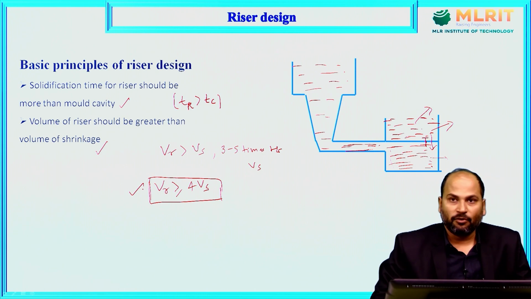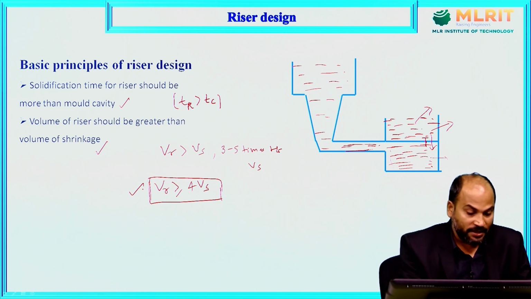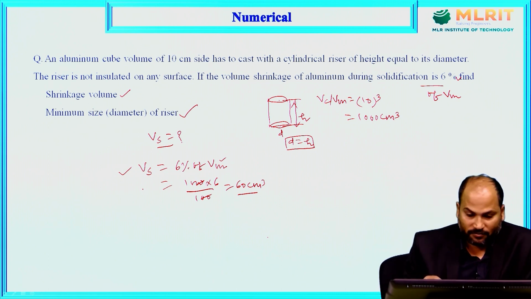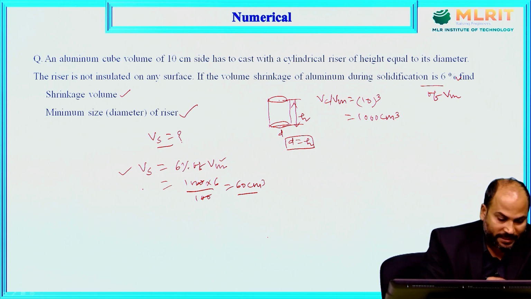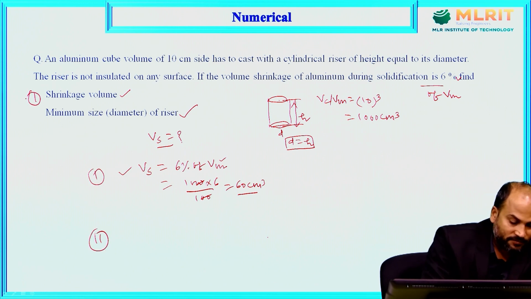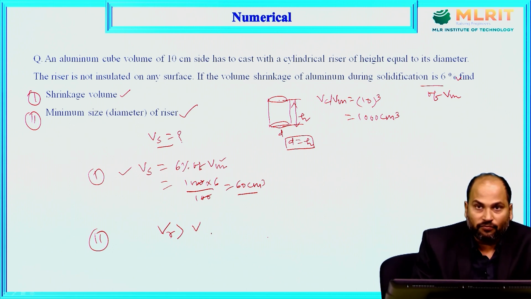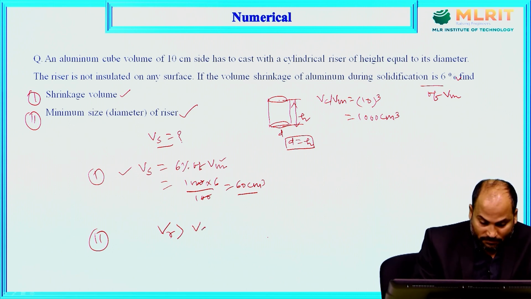This shrinkage volume we have already calculated, and we can find the volume of the riser. This is the first part and this is the second part. In the second part, the requirement is that the volume of the riser should be greater than or equal to 4 times the shrinkage volume.